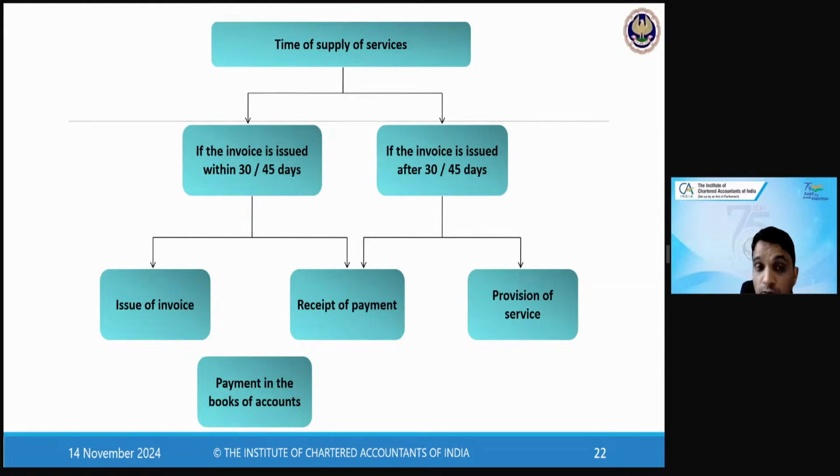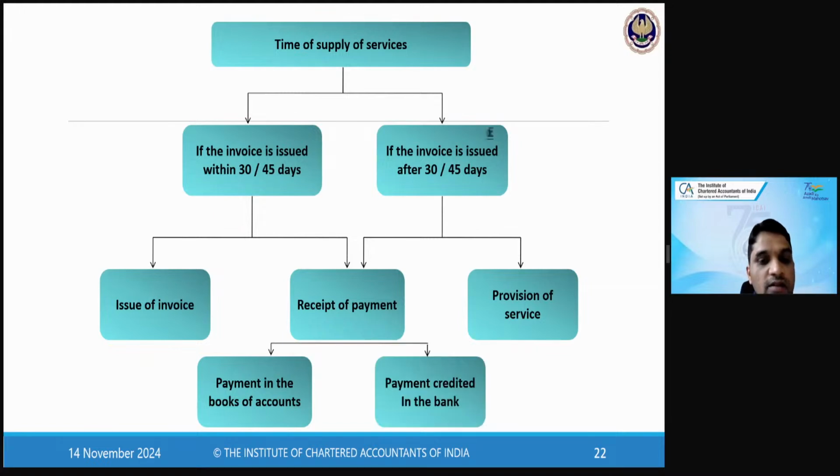Now, to determine the actual date of payment, the provision says that it could be payment in the books of accounts, or payment which is credited in the bank, whichever is earlier. Right? Why is this relevant?